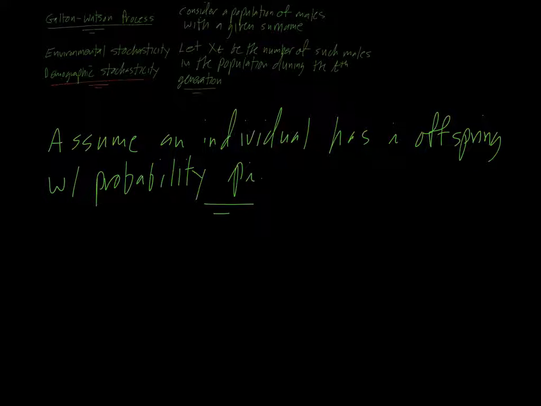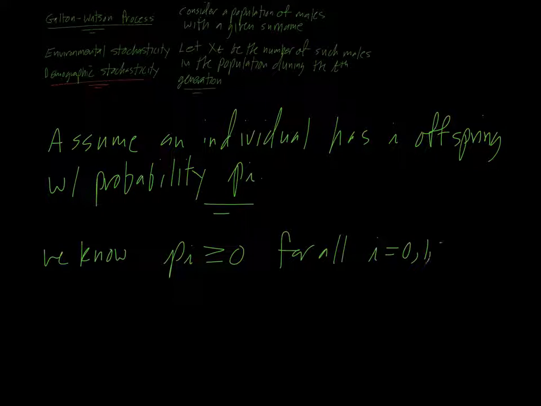Well, we know p sub i needs to be greater than or equal to 0 for all i equaling 0, 1, 2, and so on. There's a possibility to have an unbounded number of offspring, but of course those probabilities are super low, and you can't have fewer than 0 offspring. And then we know that if you sum all of these probabilities together, you end up with 1, right? Because one of those outcomes has to occur.